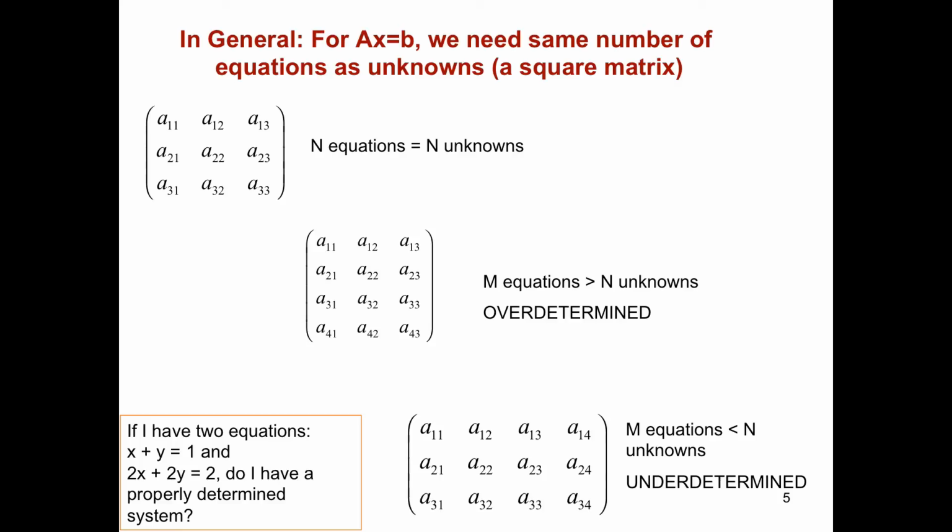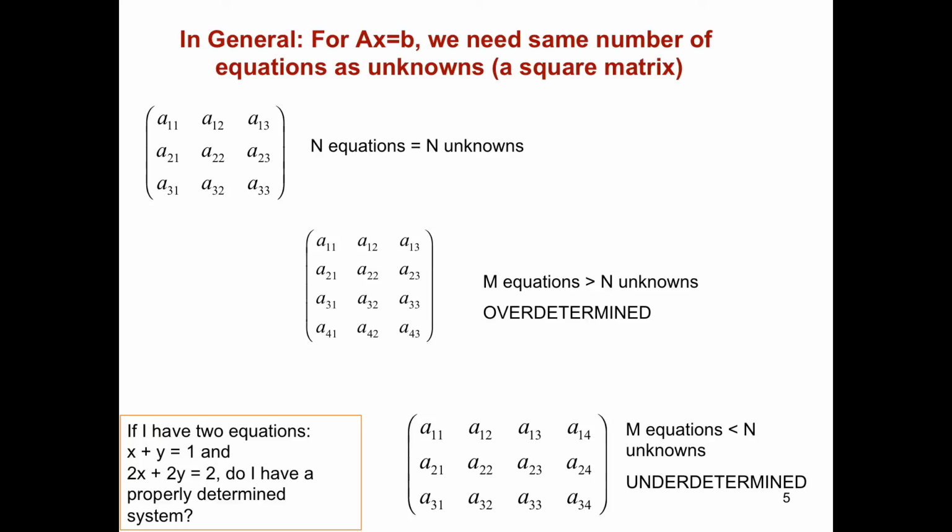So my second one is 2 times the first one, and in terms of the equation, it doesn't really bring any new information. So I'm effectively down to only one equation, x plus y is equal to 1, and 2 unknowns. And what's the solution to such an equation? What's x plus y is equal to 1?